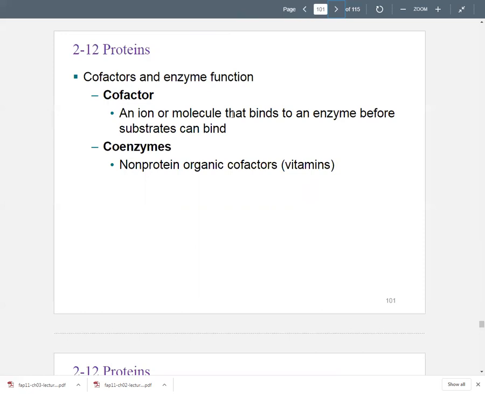And these are cofactors that are not proteins. Okay, so typically enzymes are proteins. In this case, a coenzyme is not a protein, but it has a similar effect. And vitamins are an example.